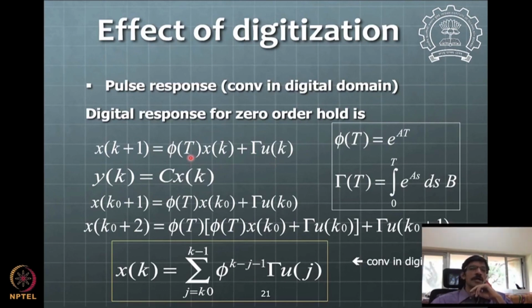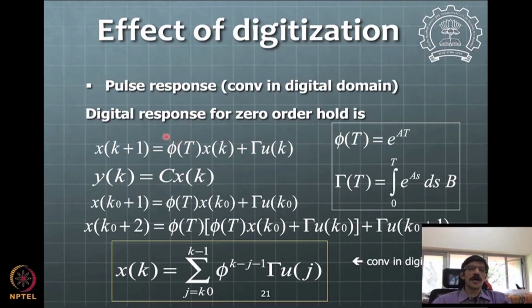Now, in a way similar to what we have in the continuous domain, this is like x dot equal to Ax plus Bu. We know that the A matrix is a very special matrix for the system, because the eigenvalues of A would be the poles of the system.